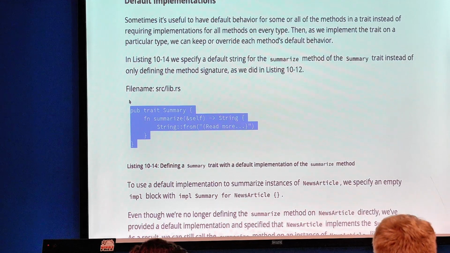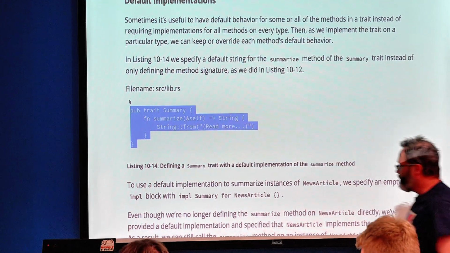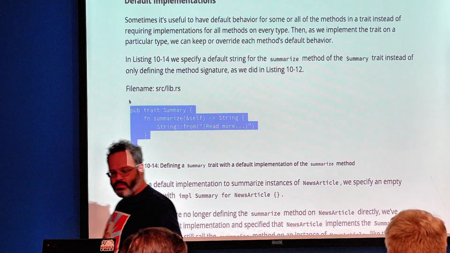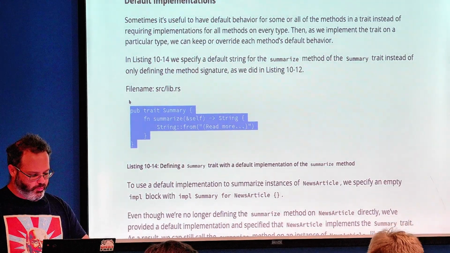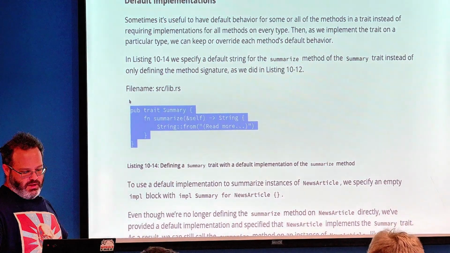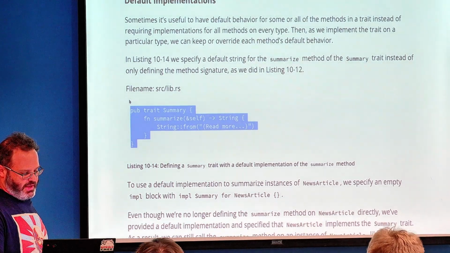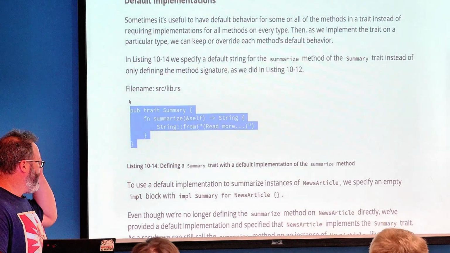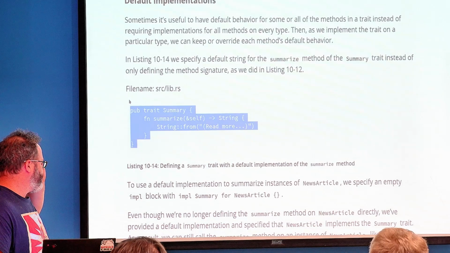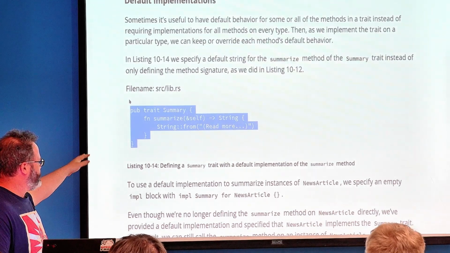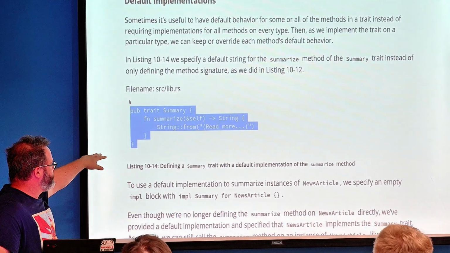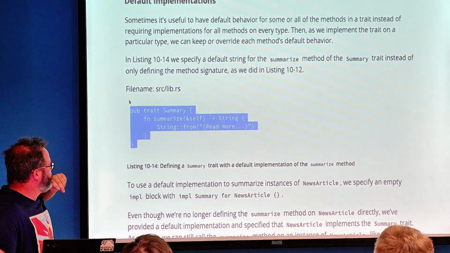Oh, there we go, okay, that's better. All right, so this is sometimes called a blanket implementation. And what this means is that we are, actually, this is not called a blanket implementation. Let's just call it a default implementation. I think a blanket implementation is technically something different.